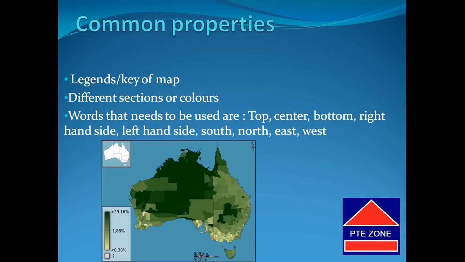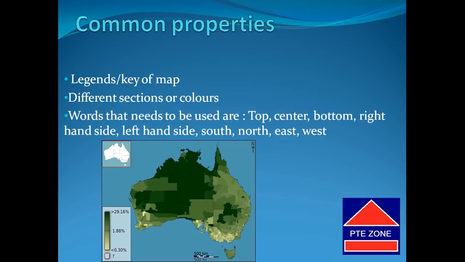And other important thing is to mention words, for example, top, center, bottom, or you can say south, north, east, west, northeast. So these kind of parameters you should use.